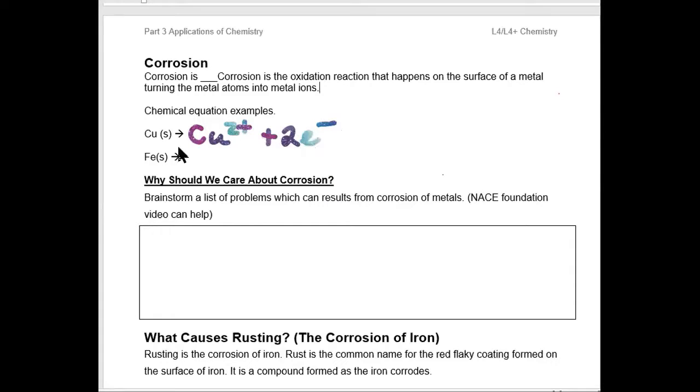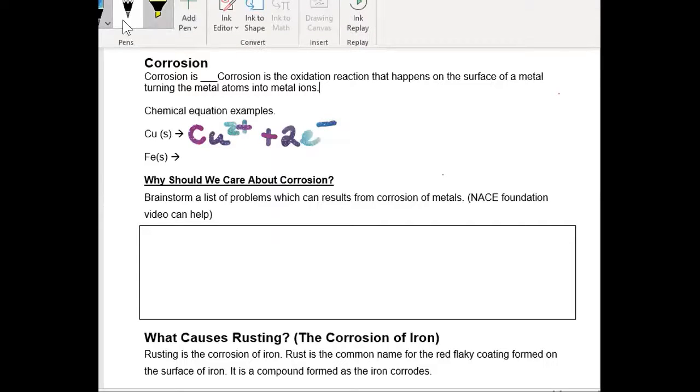Now, trying to make this make sense to you, what that's saying is that if you've got copper atoms, say a fresh, brand new copper pipe, it will corrode, and when it does so, it loses electrons. That's why they're on this side. And when it has lost electrons, it started off neutral, and because it's lost something negative, it becomes positive. So it'd be Cu2+ plus 2 electrons.